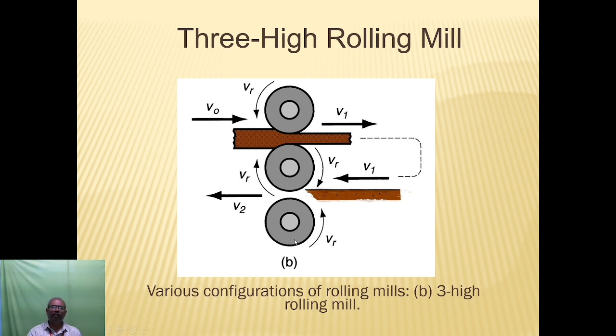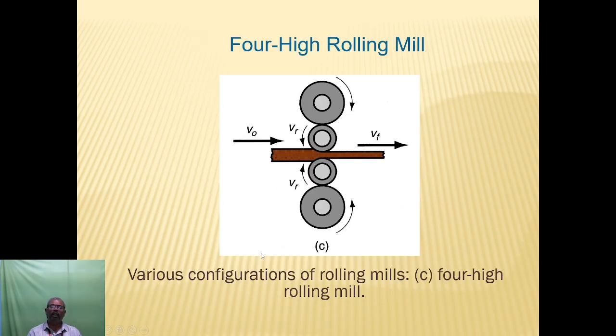The first 2 rolls rotate in opposite directions. First the work is initiated here. Then we take the product and the finished product comes out with velocity V2. In 4 high rolling mill, there will be 4 rolls. The smaller rolls, the bigger rolls support these workpieces.